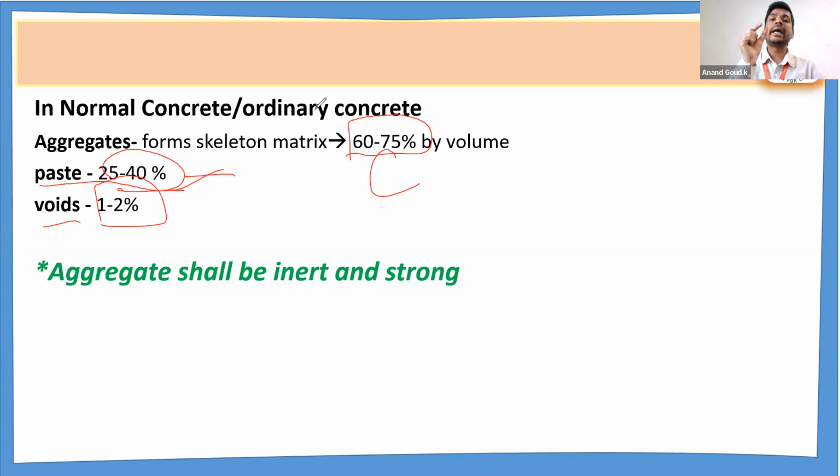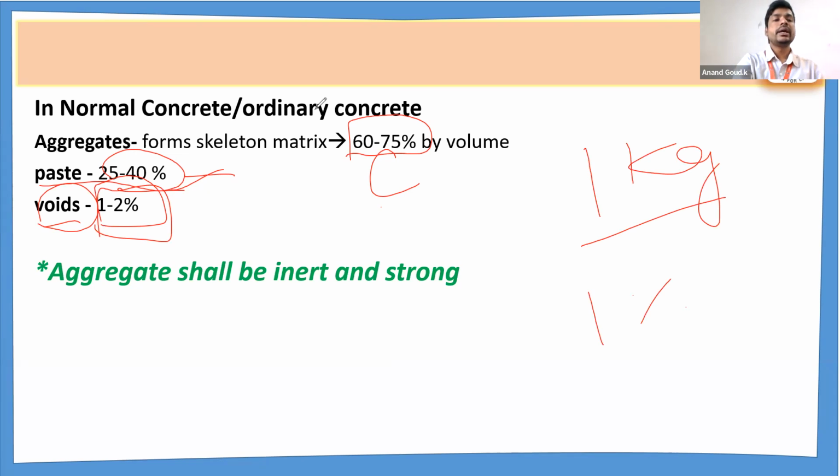That air percentage is around 1 to 2%. That means out of 1 kg, 1% will be air voids. Voids are empty spaces not occupied by any other materials; that portion will be filled by air only. So that is void here, and that void percentage is 1 to 2%.